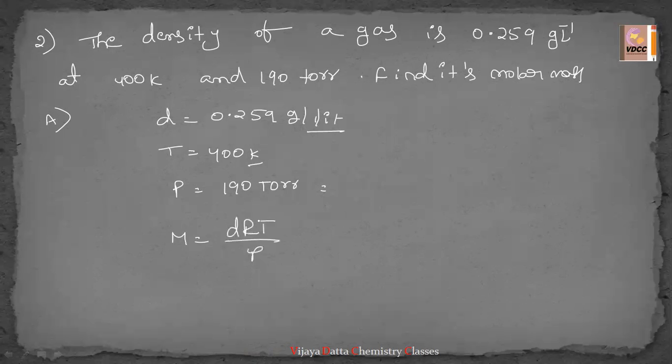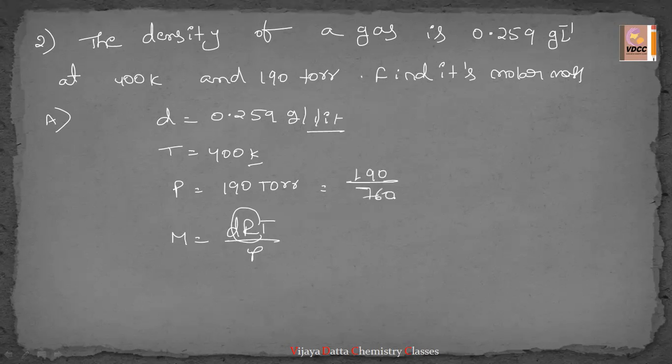But to consider the R value, we have to maintain uniform units. If it is in liters, then pressure should be in atmospheres. So we have to convert torr into atmospheres. To convert torr into atmosphere, we divide by 760: 190 by 760.